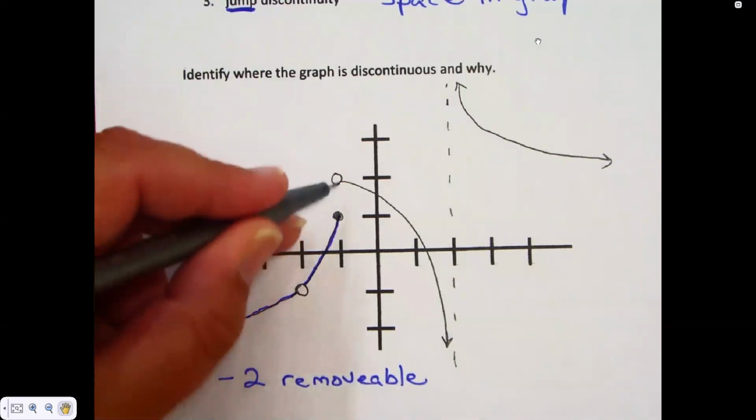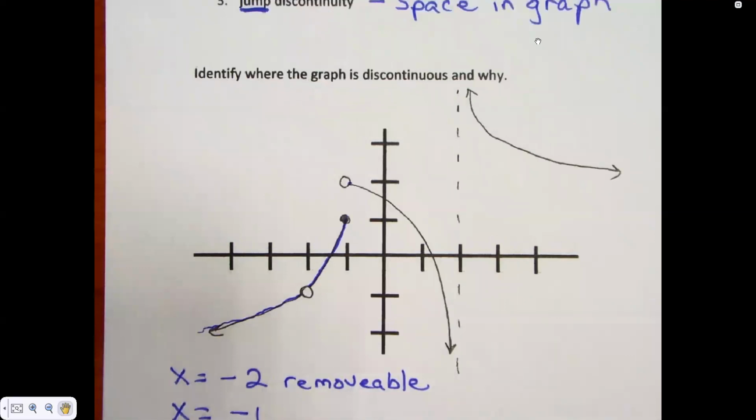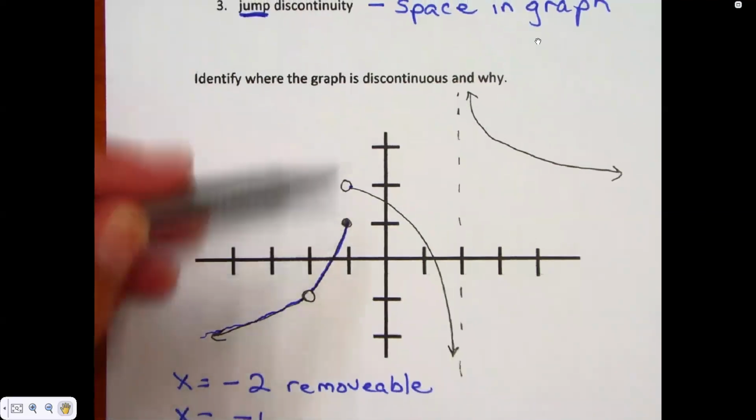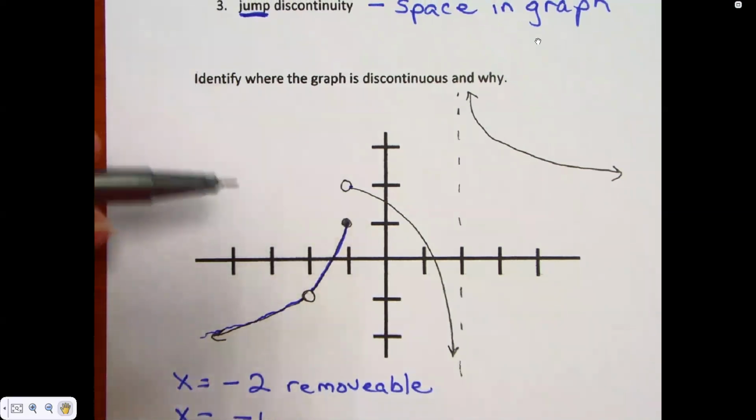I have to pick up my pencil to go here. So that's discontinuous there. Give the x value. So x equals -1. Can we see where we're at? Okay, good, -1. Now what did I have to do? What causes it to be discontinuous? It's kind of like that space in the graph. So it is a jump.